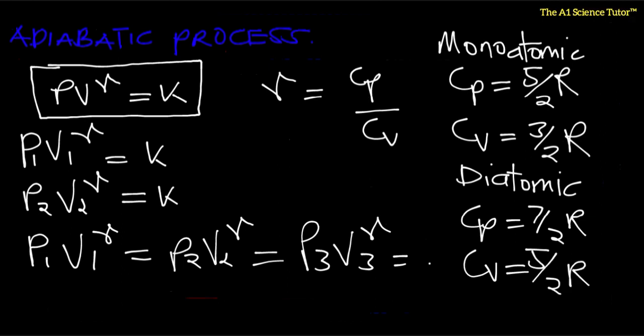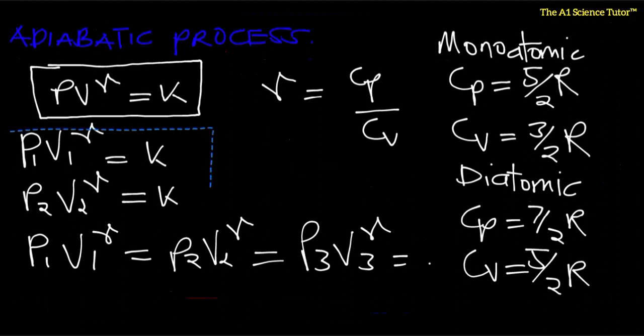So that is basically the form of increase that you have. You could also have it for a triatomic. For a triatomic, Cp will be 9 over 2R, and Cv is going to be 7 over 2R. So that is basically how you could go ahead and find the gamma ratio for an adiabatic process.